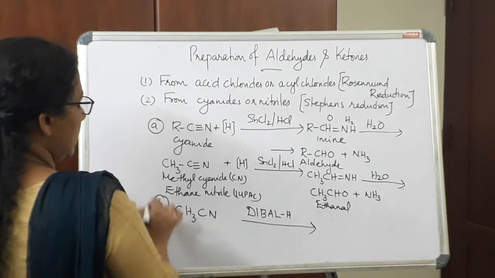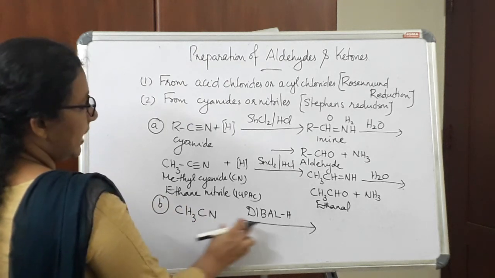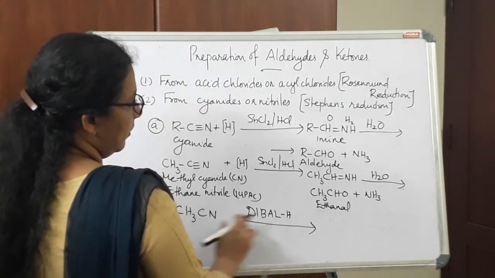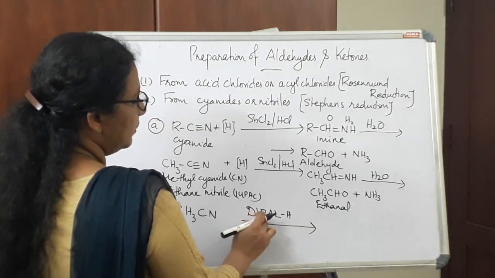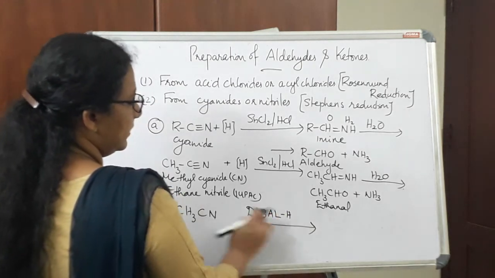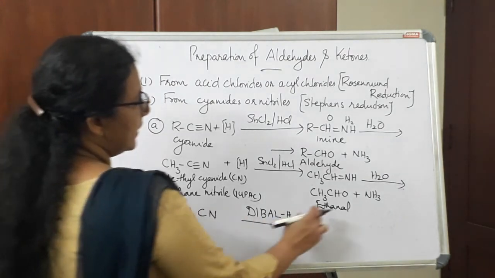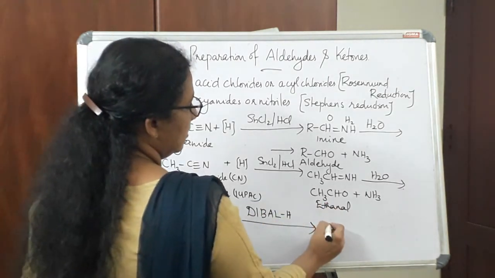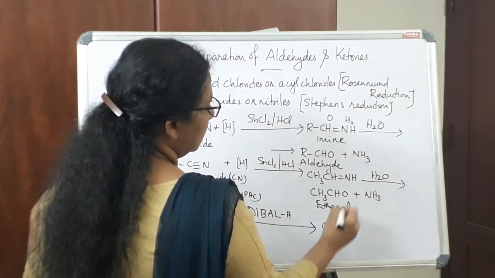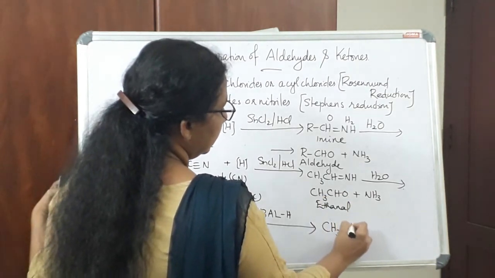The second type is if CH3CN reacts with DIBAL, diisobutyl aluminium hydride, another reducing agent, which will also give the corresponding imine at first.